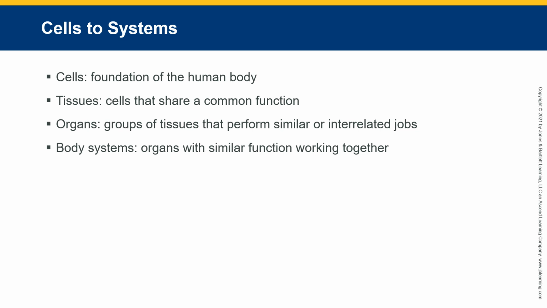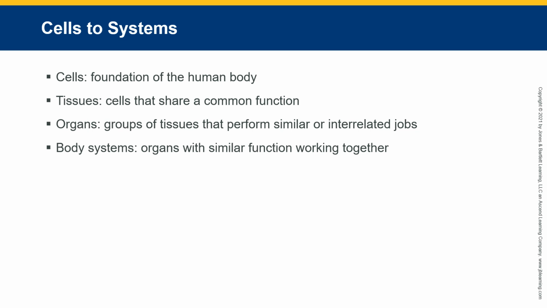Cells and systems, from your most simple to your most complex. Cells are the foundation of the human body. Without cells you wouldn't have a body. Tissues are the cells that share a common function. So your stomach cells don't share the same function as your heart cells.